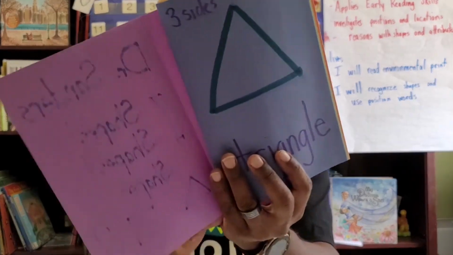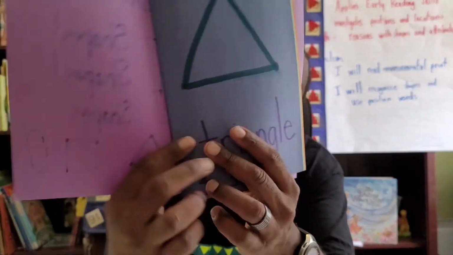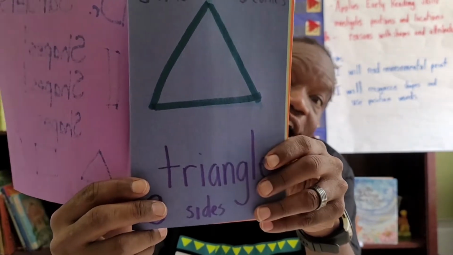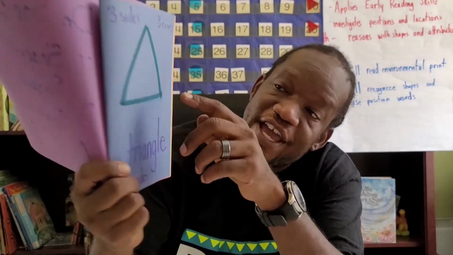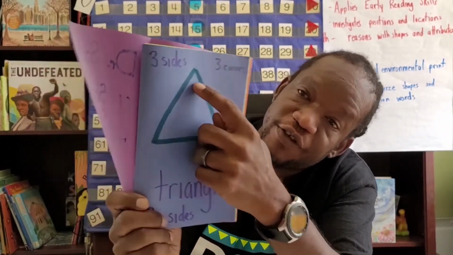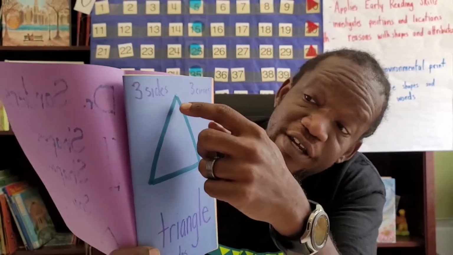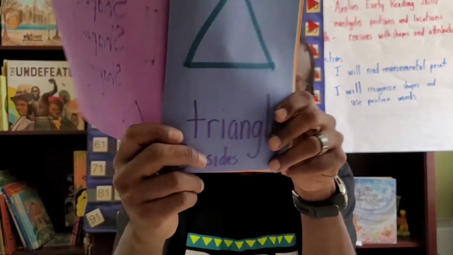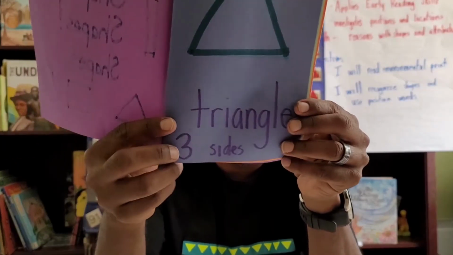My first shape, what's that first shape? A triangle, right. A triangle has 3 sides, 1, 2, 3, and 3 corners. If you look in here, it's 1, 2, 3 corners. And that is a triangle.